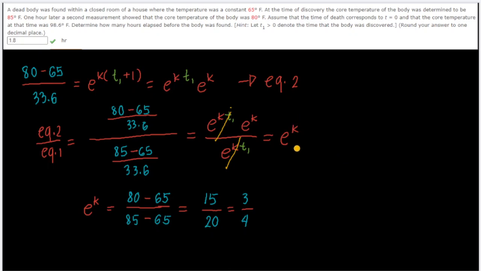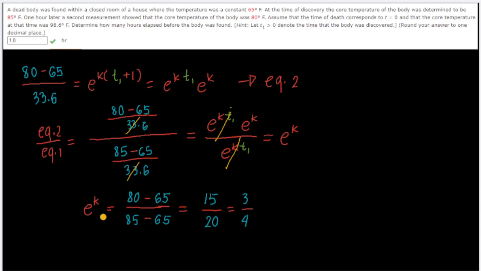Now we have only one variable, k. We can also cancel out 33.6 over 33.6. Now we're left with 80 minus 65 all over 85 minus 65, which is 15 over 20, equal to 3/4.